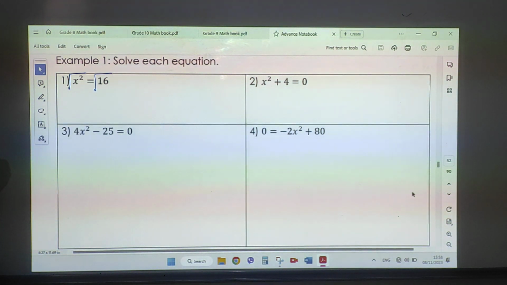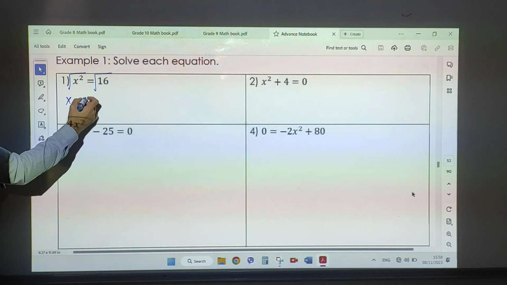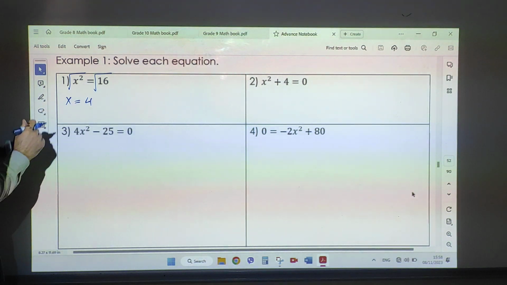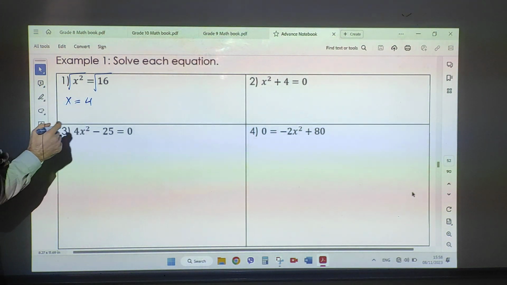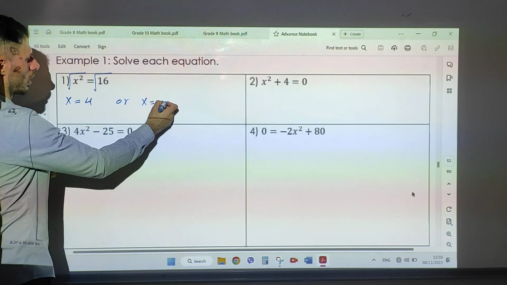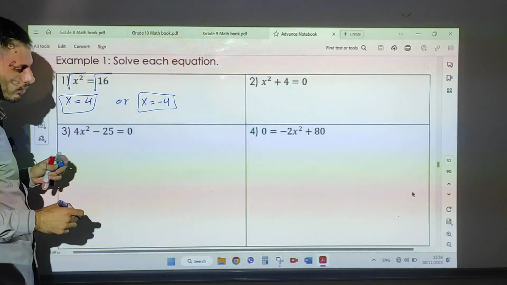This one we will get x equals 4. Always for the square roots we have two different answers, one positive, one negative. The same number, but one positive, one negative. Or x equals negative 4. These are the two answers for this one.